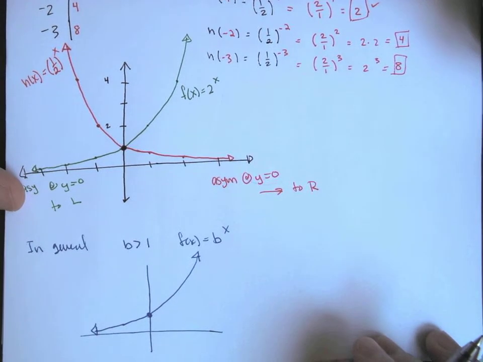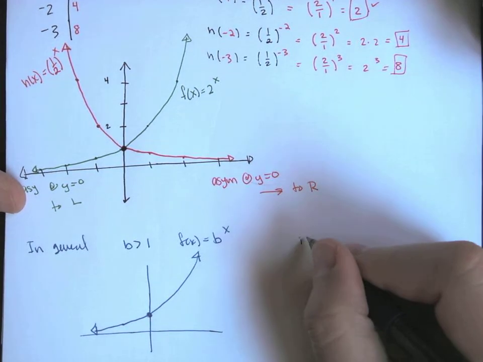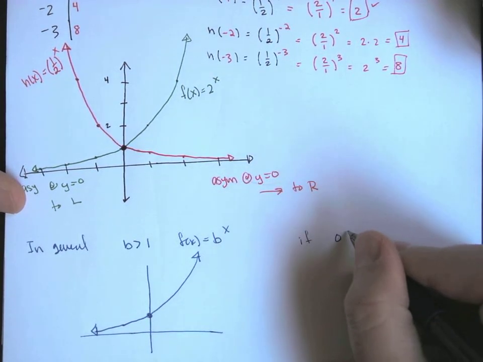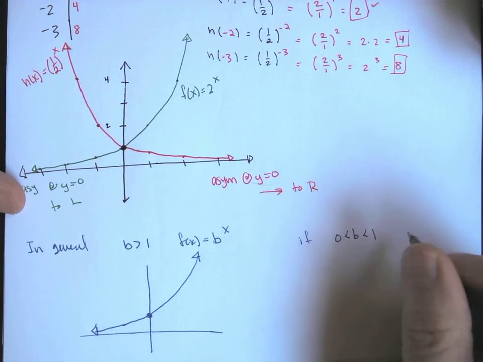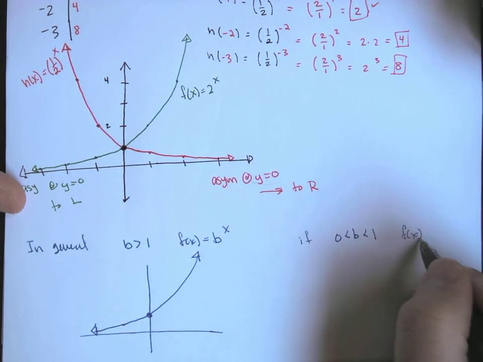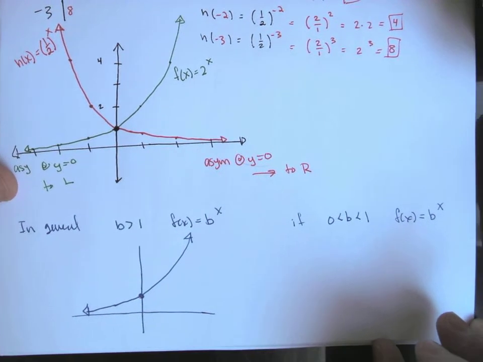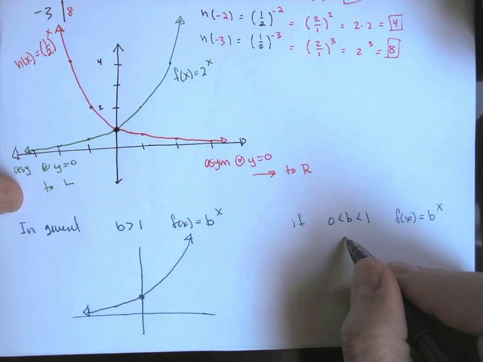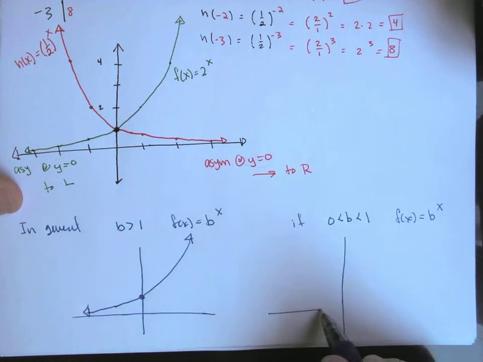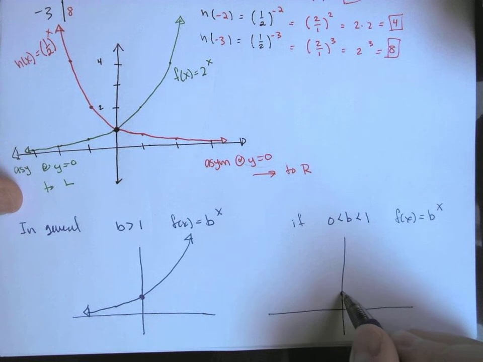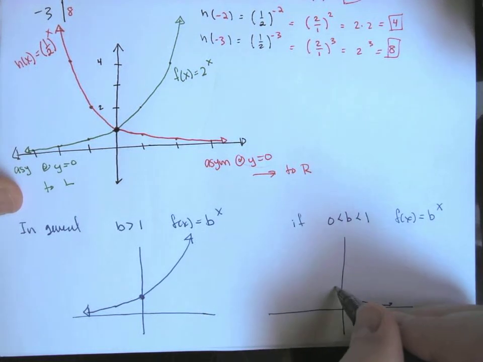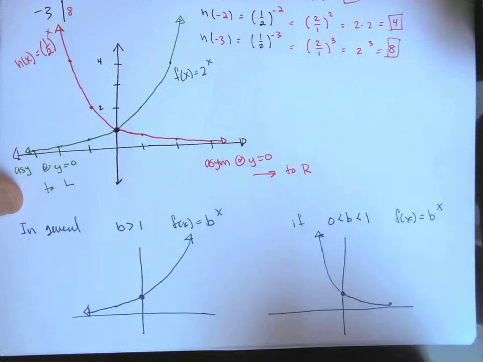It's going to go something like this. If our b value is between 0 and 1, then our exponential graph is still going to go through that 0, 1, but it's going to drop to the right, and it's going to rise to the left.